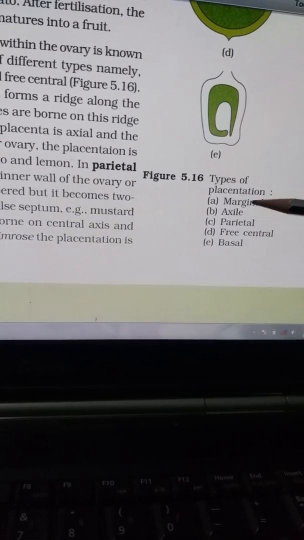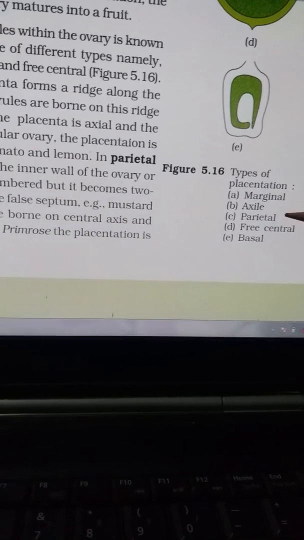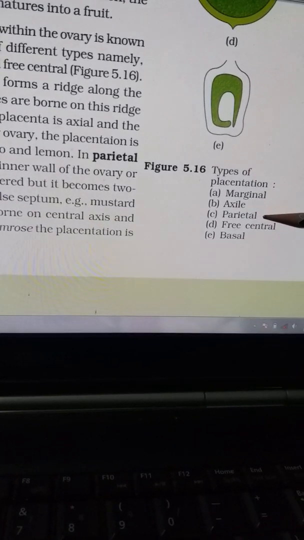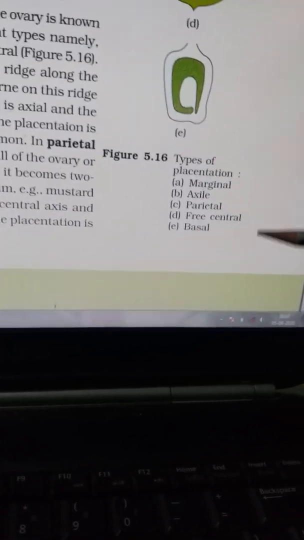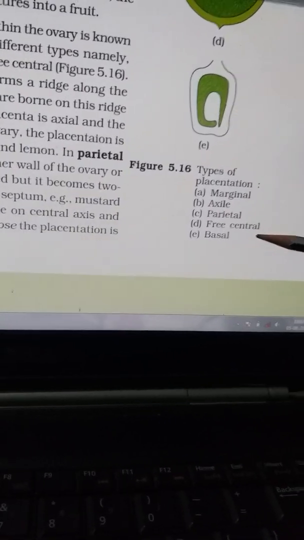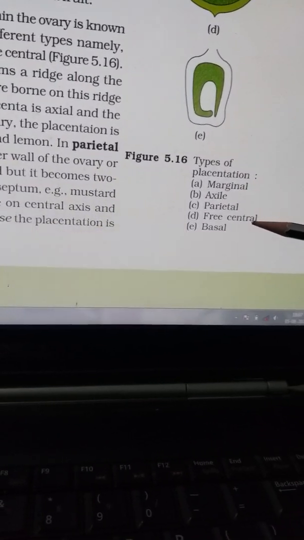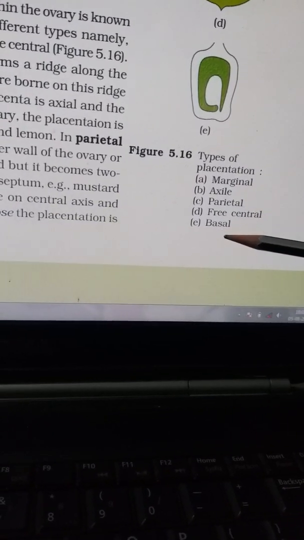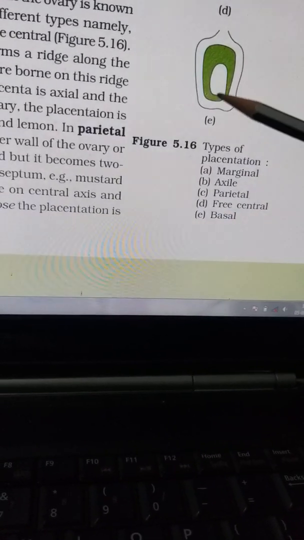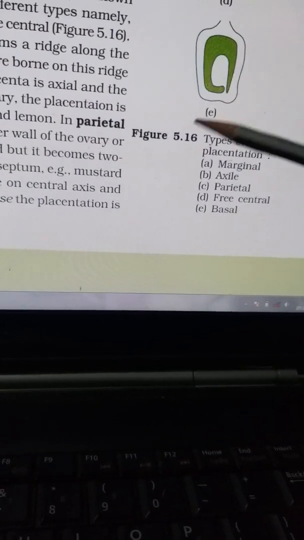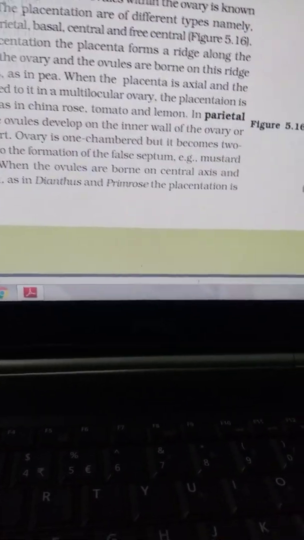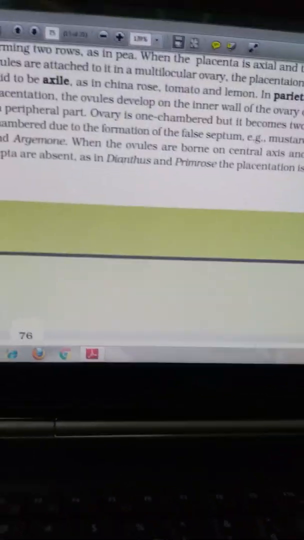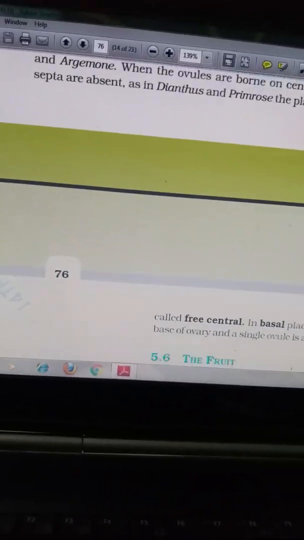Axile placentation, any citrus fruit, lemon. Parietal placentation, you find it in papaya. Free central, you find it in lady's finger. And basal placentation you find in primrose. Okay, so that is how the placentation is demarcated.